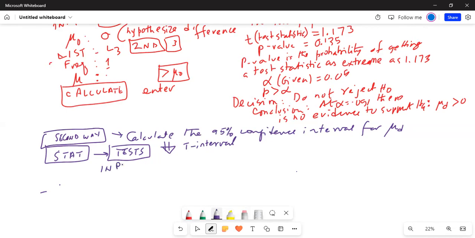Input should be data, so it should be flashing on data. If it is not, bring the cursor on data. List is L3. Frequency is 1. Remember, list is L3, right? Frequency is 1. C-level is 0.95. And calculate.